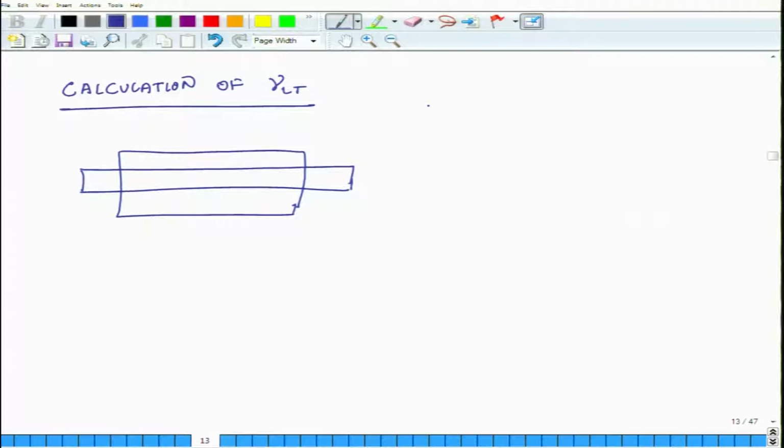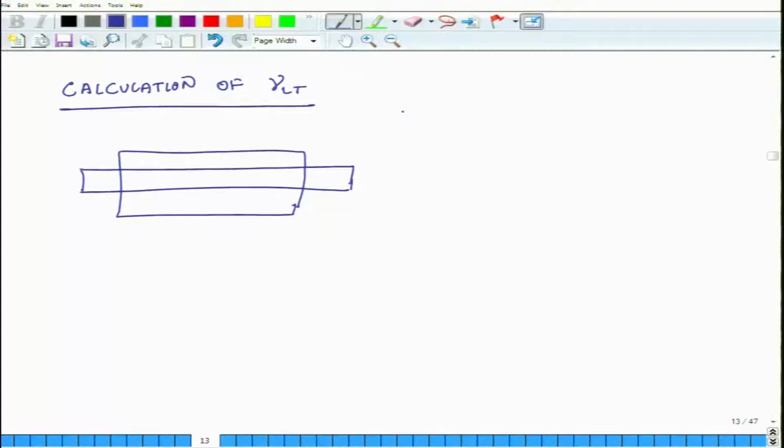Now, I have thinning of the composite because of two reasons. One reason is that the matrix is going to thin down, and the other reason is that the fiber will thin down. So, there will be Poisson's strain in the fiber and Poisson's strain in the matrix. Let us write down those relations.